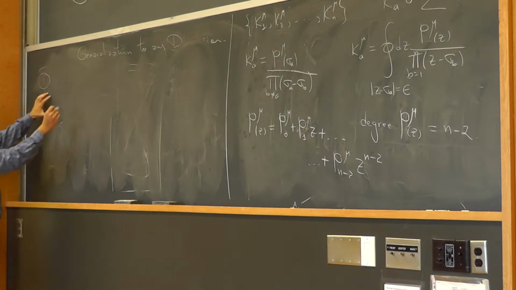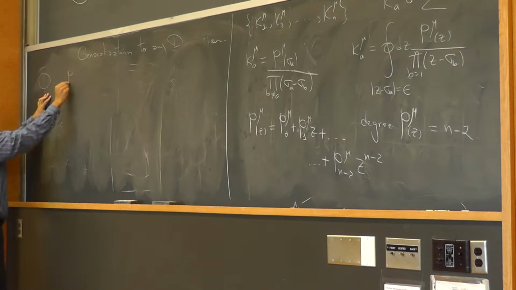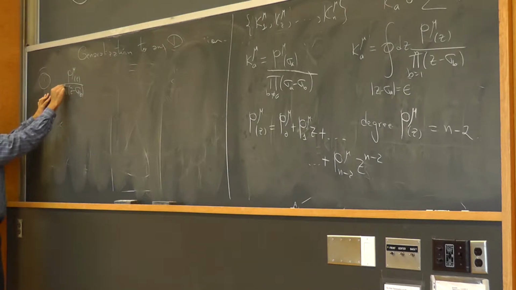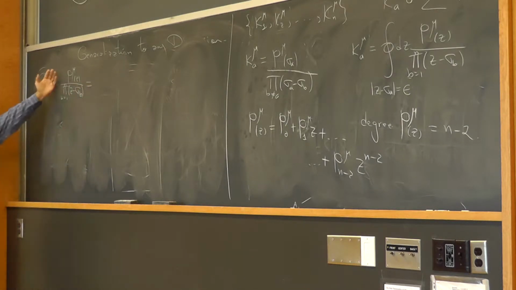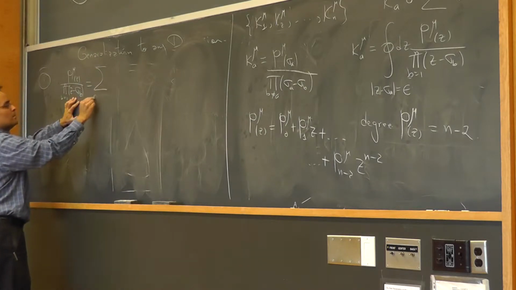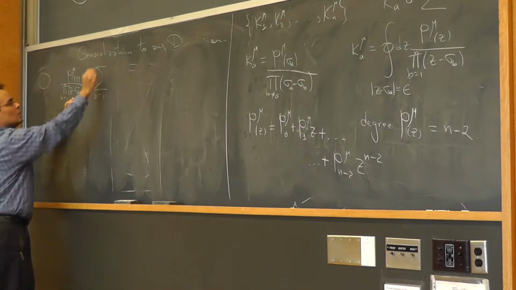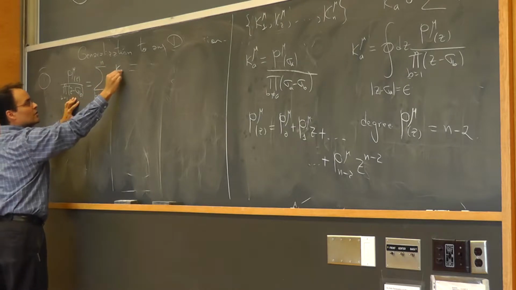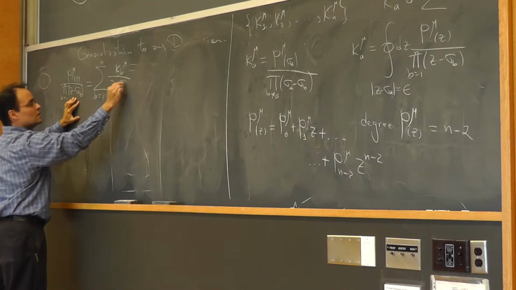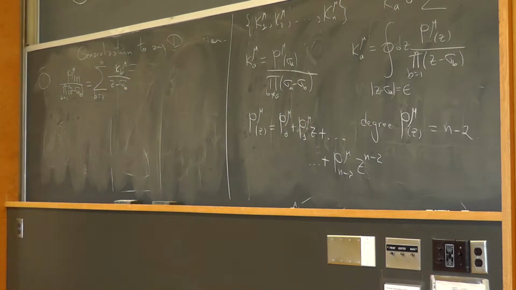The first step is very easy. The solution to those equations is nothing but the sum from B equals 1 to n of k_B mu, divided by z minus sigma B. As everybody agrees, this is a solution of that problem, right?